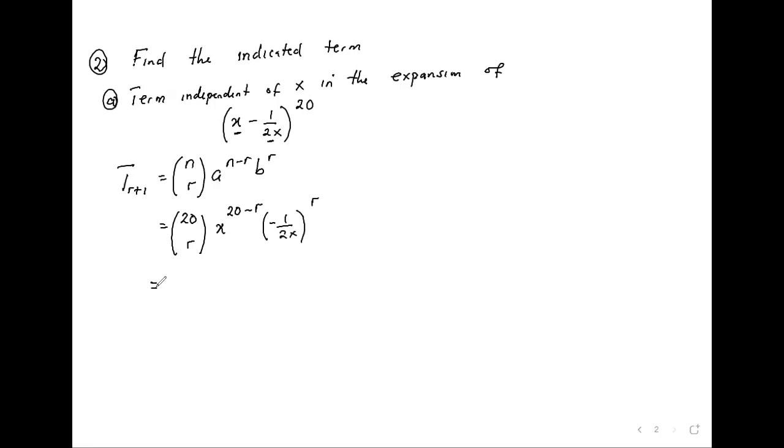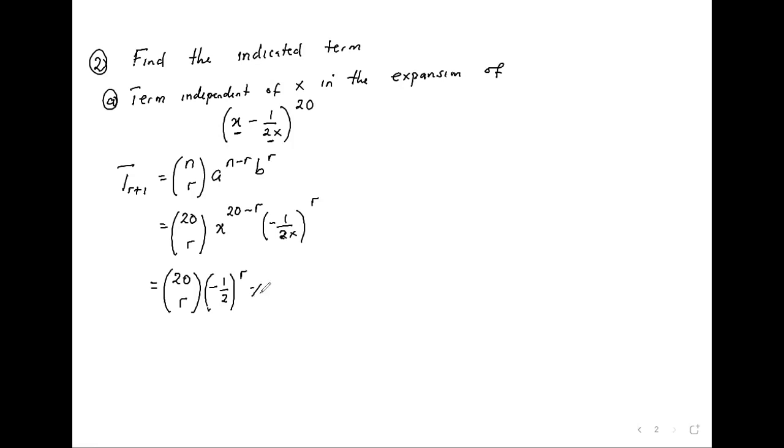And then your target, since you are saying a term independent of x, is to put all the powers of x together. All the x's that we're able to see, we put them together. That will be 20Cr, and then (negative 1 over 2) to the power r. We have x left in the denominator.